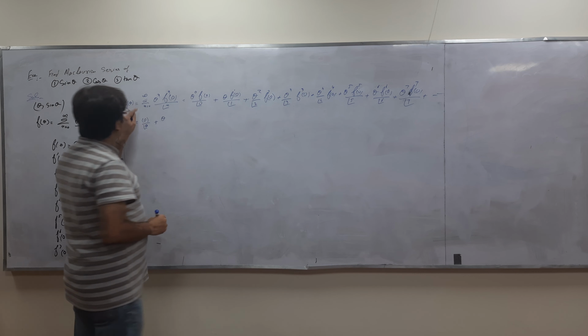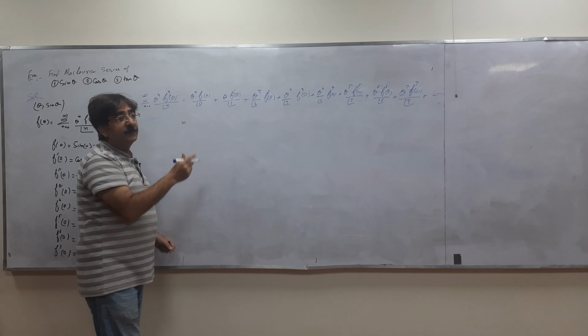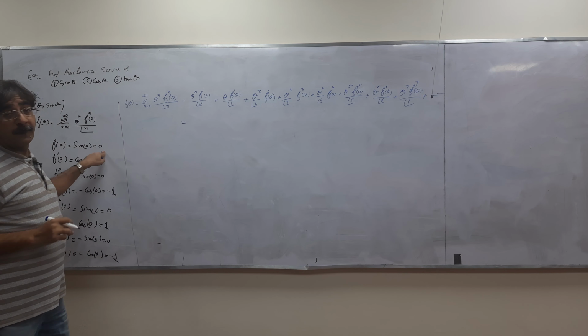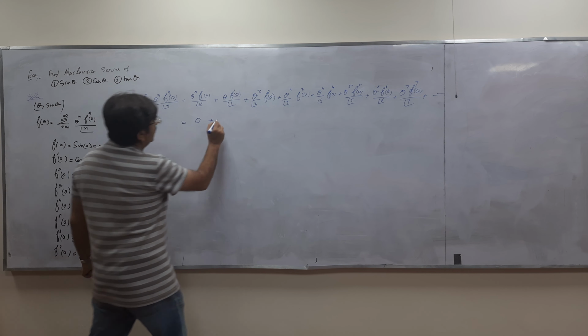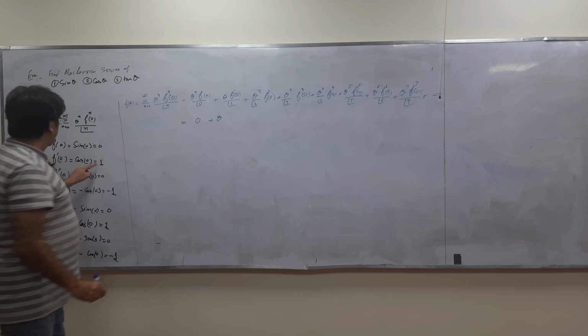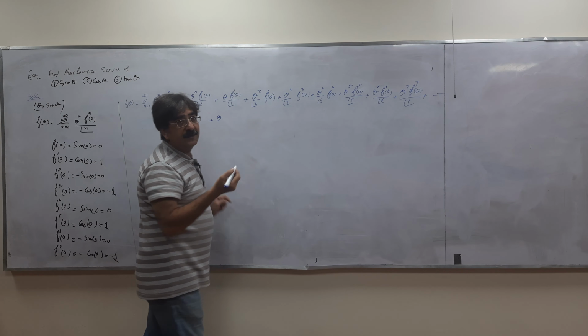So theta power 0 is 1, f0 is 0, so this term is equal to 0. Plus this term theta, as f1 is 1. 1 factorial is 1.